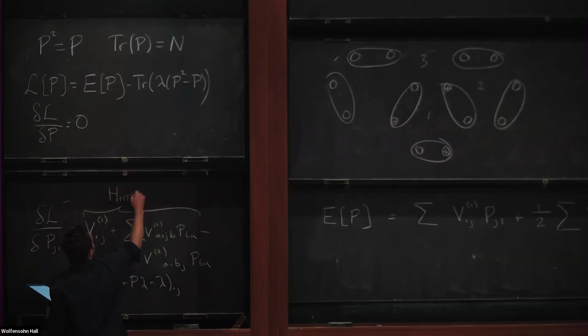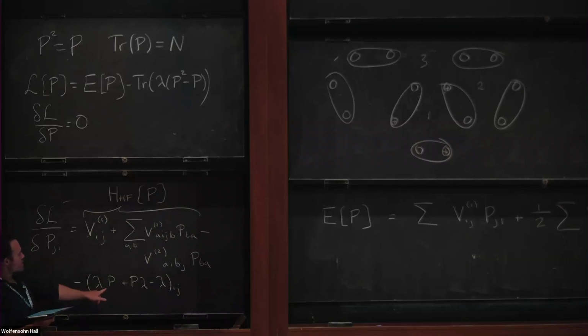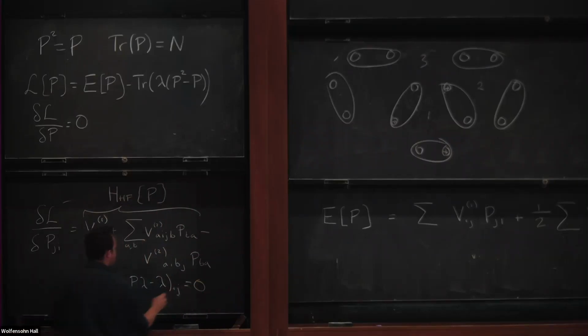But implicitly, it depends not just on the matrix elements, but on the current guess for what the projector is. It's a linear function of P. And then you have this Lagrange multiplier part. This gives a matrix equation which needs to be 0, and you need to adjust lambda and P in order to make it 0.